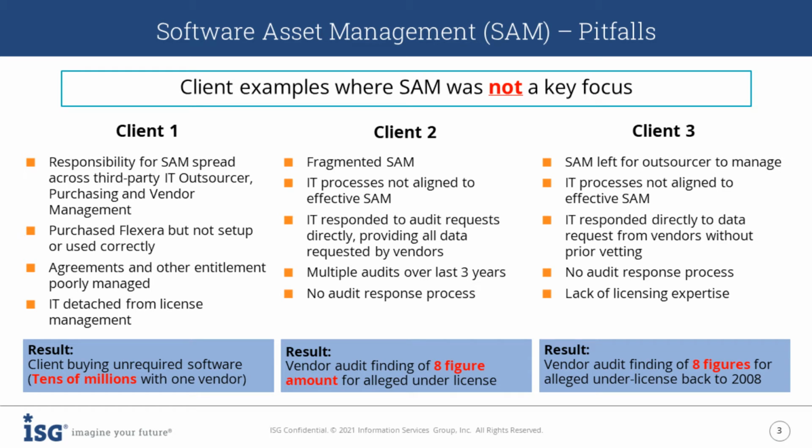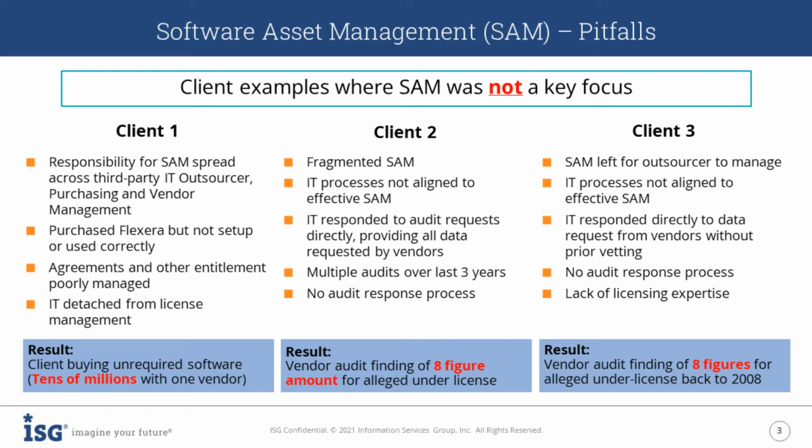I'd like to cover some pitfalls when software asset management is not implemented properly in an environment and it's not a key focus. As you can see, these are 3 client scenarios that we've highlighted here. In all 3 scenarios, software asset management was either fragmented or left to the outsourcer to manage. In the first example, SAM was spread across the third-party outsourcer and the client environment, but not with a real good structure.